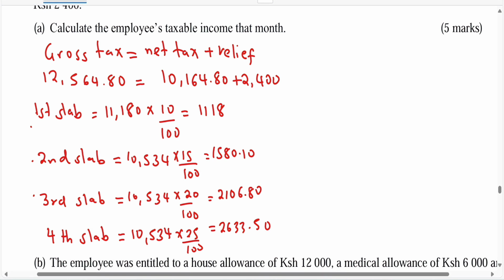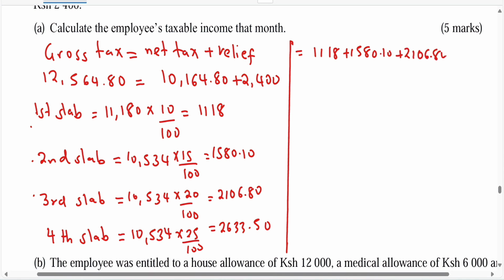So that tax kama iko kwenye fourth slab yamaanisha iko kwenye fifth slab, and there's a certain amount in the fifth slab. So add those taxations up. So I'll take 1,118 plus 1,580.1 plus 2,106.8 plus 2,633.5.